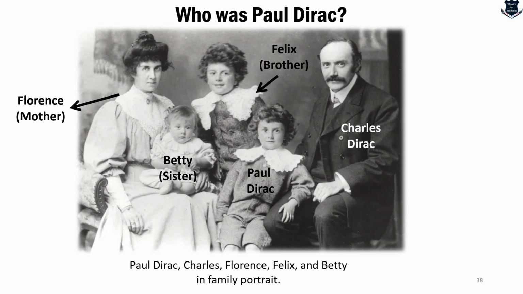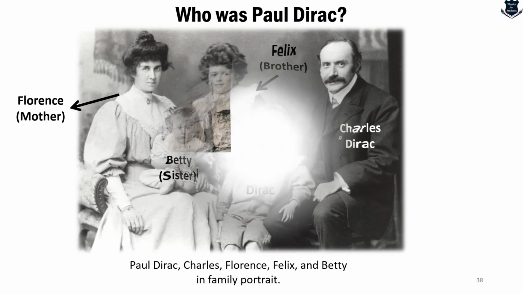Now, Florence Hannah Dirac was born to a Cornish Methodist family, and she was given the name Florence Hannah Dirac after Florence Nightingale, whom his father actually met on a ship which was going to the Crimean War. So this gives you an understanding of the family picture.